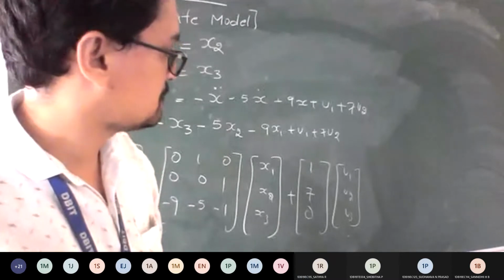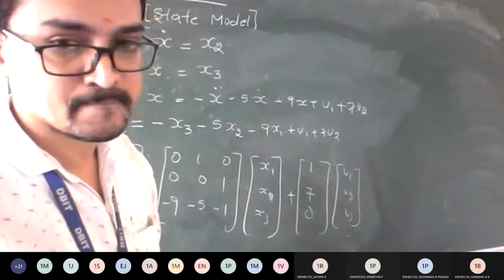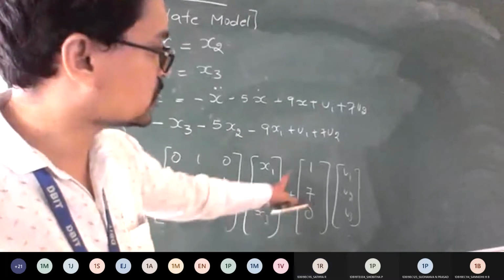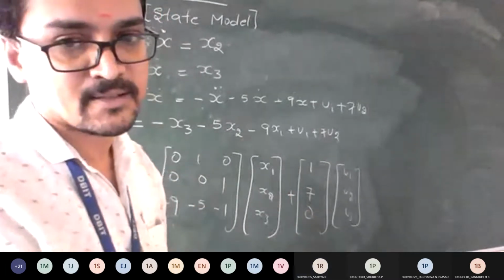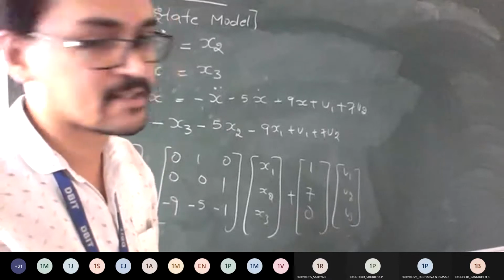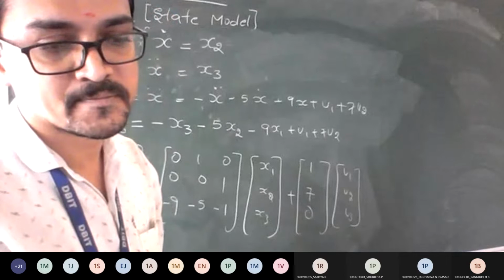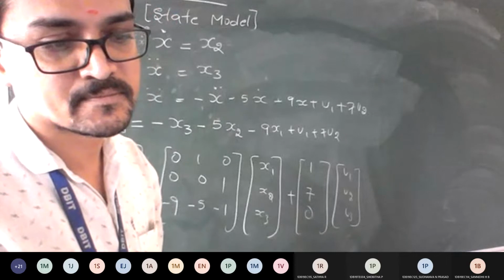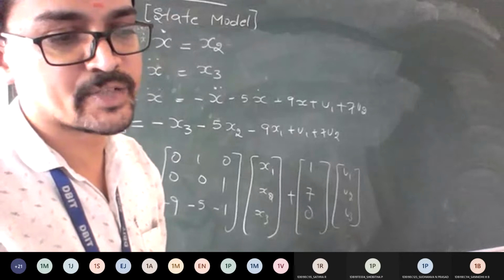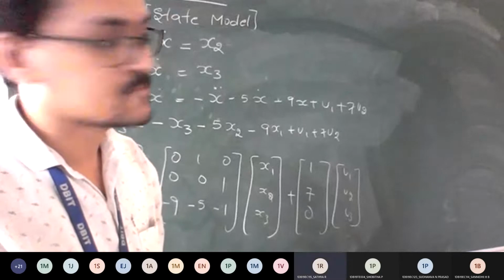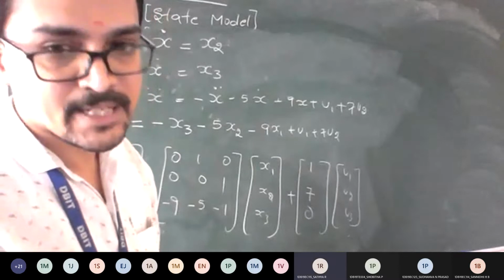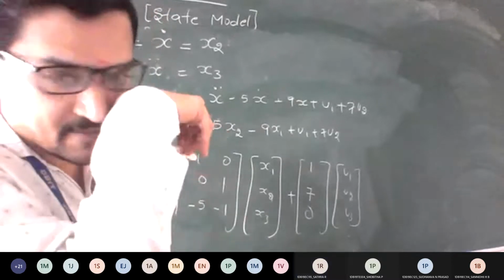So what is the matrix now? U1 is there, u2 is there, and u3? Sir, we should write a 3 cross 3 matrix. Yes, you should write 3 cross 3. Good. That is the first point.